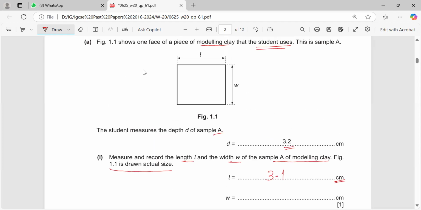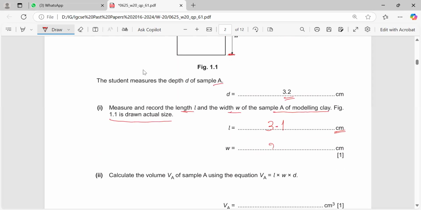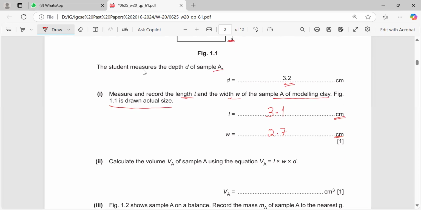Then we are supposed to measure the width, that is from arrowhead till the other side arrowhead. That is almost 2.7, and it is also measured in centimeters. Now, the examiner wants us to calculate the volume VA of the sample A using the equation VA is equal to length times the width times the depth.